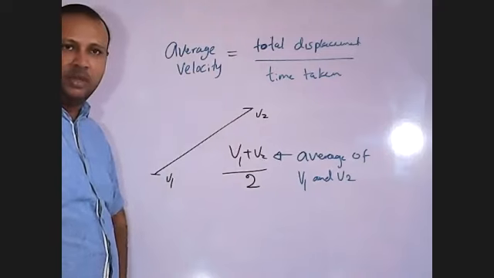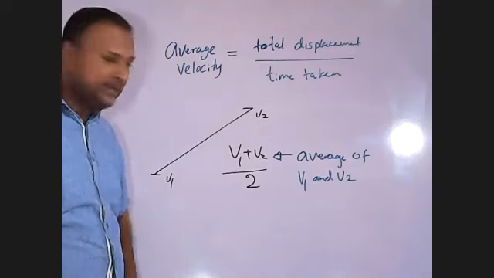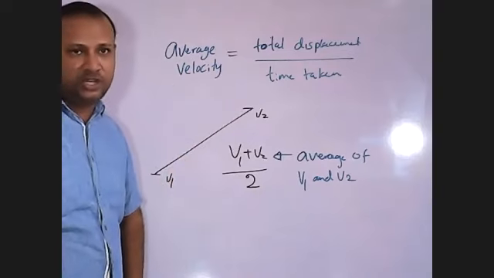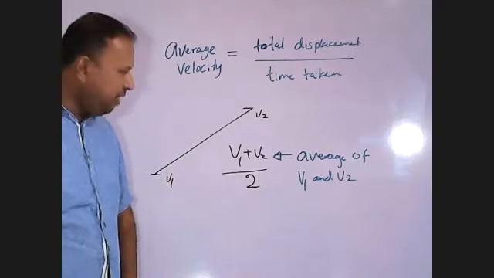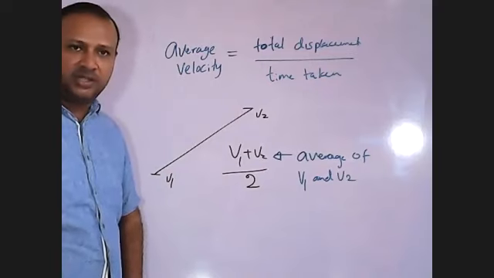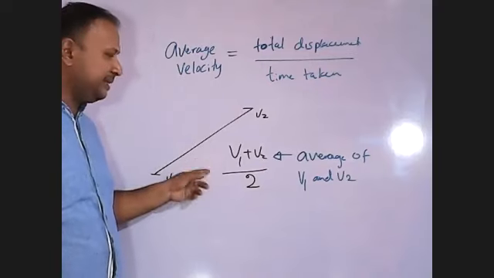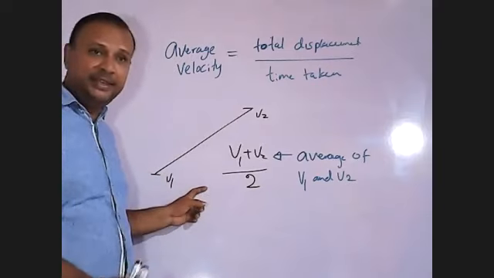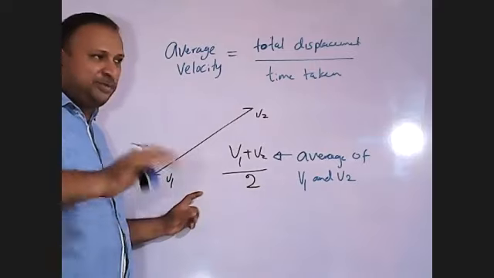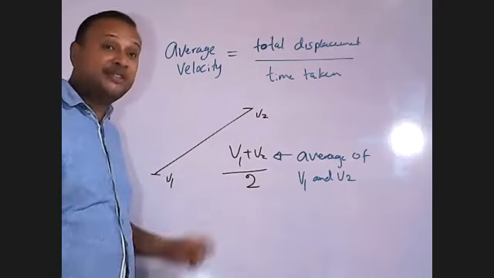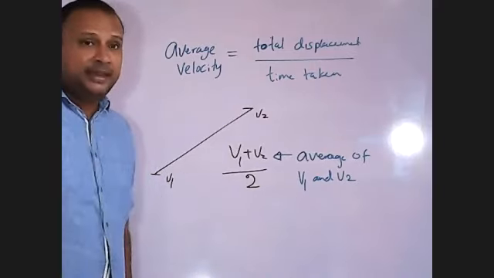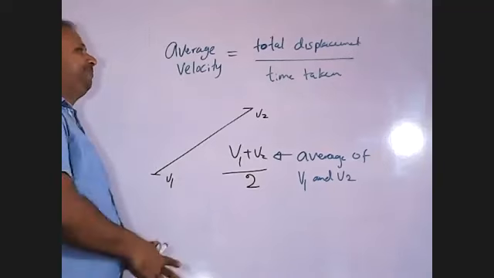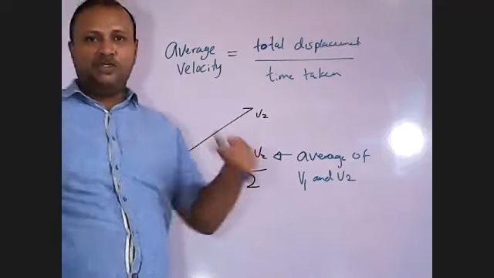In all other cases, those two values are not equal. If the acceleration is constant, we can consider these two equal. I will explain that after doing some exercises, otherwise you won't understand. Okay, then write down this one.